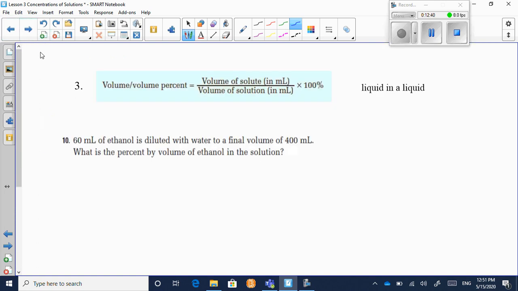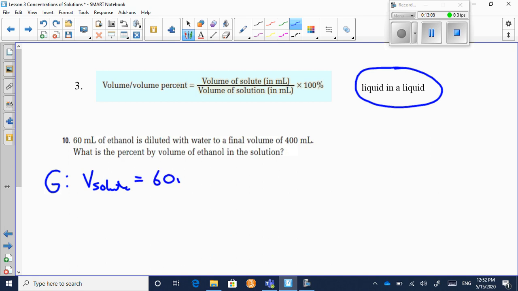Okay, the third type of quantitative measure of concentration is a volume percent, and that's often used when it's a liquid dissolved in a liquid, and it's the volume of solute divided by the volume of solution. All right, let's try this question. 60 milliliters of ethanol, so that's the volume of solute, is equal to 60 milliliters, is diluted with water to a final volume.